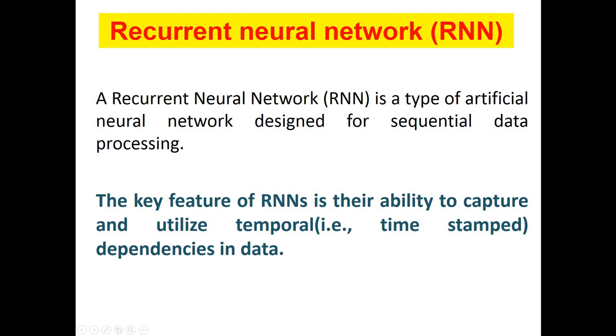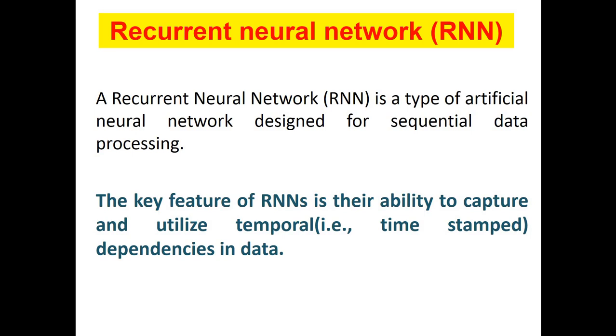Now, what is a recurrent neural network? That is what we want to understand. This is what is used in LSTM and sequential data processing, which we are talking about in these 20 videos. RNN is a type of artificial neural network designed for sequential data. Let's say the data is coming every second: first data, then second data, third data, timestamp data.